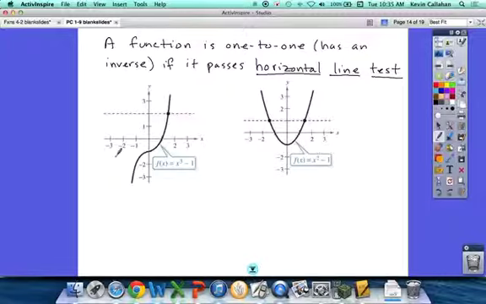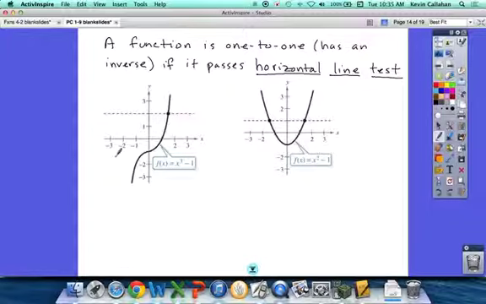So this graph here is always increasing, therefore it's 1-to-1. This one here is decreasing and then it's increasing, so it's not 1-to-1. And then there was an algebraic way, which nobody liked and didn't do very well anyways, and they don't even present it here that I can find.